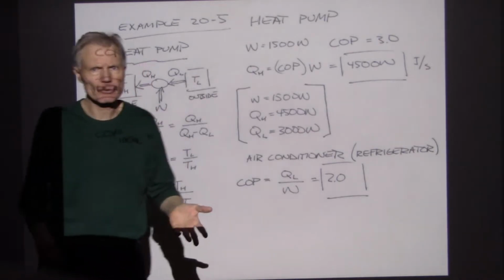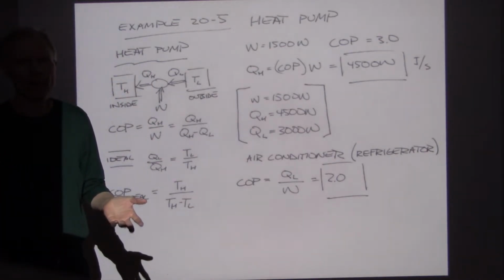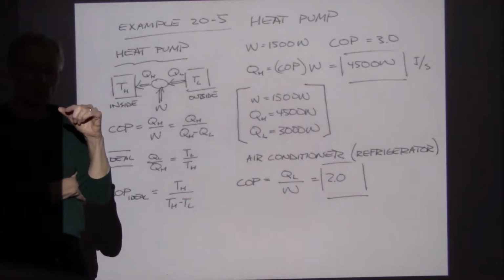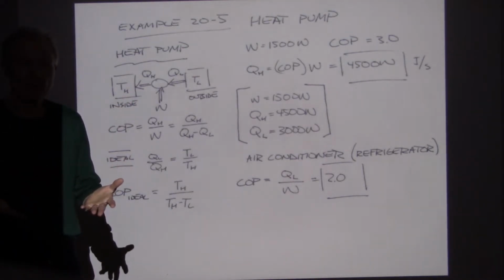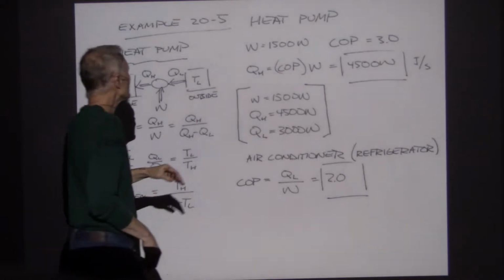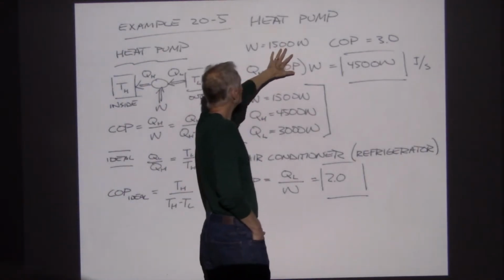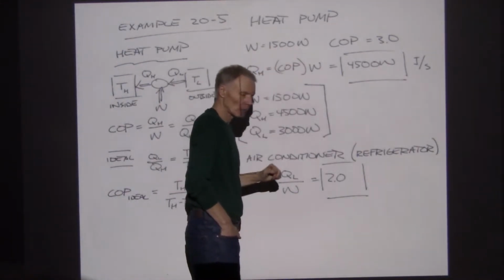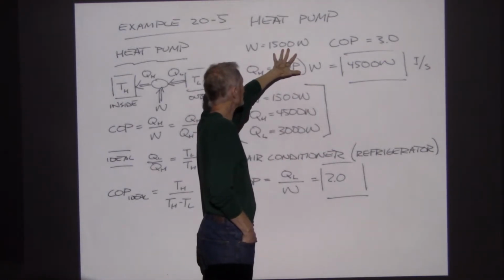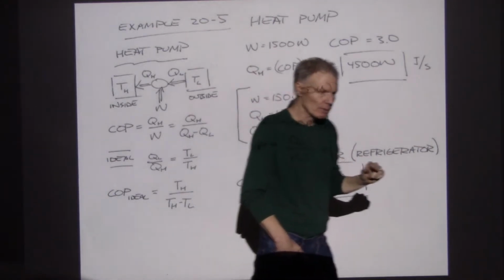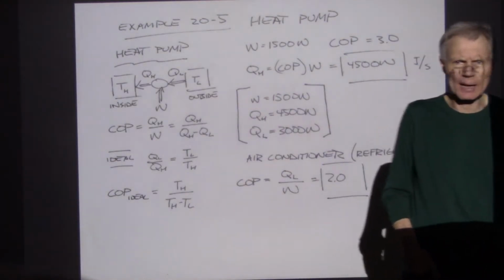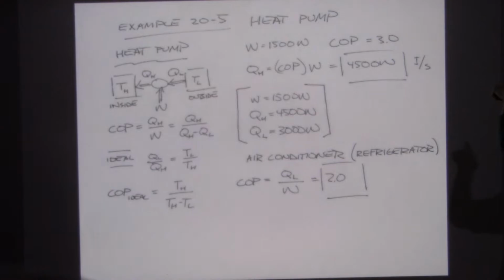And this is another nice feature about heat pumps. If we had an electrical heater, a space heater, with just a heating element, a 1500 watt space heater can produce 1500 watts of heat. But by actually pumping the heat, instead of just generating it with a heating element, this heat pump is getting 4 times as much heat.